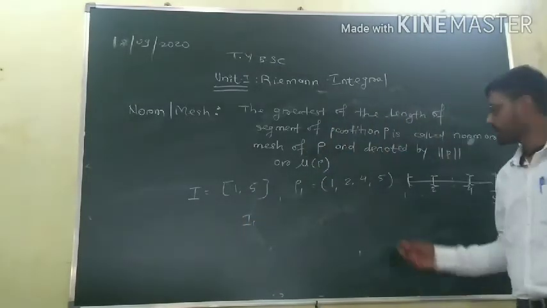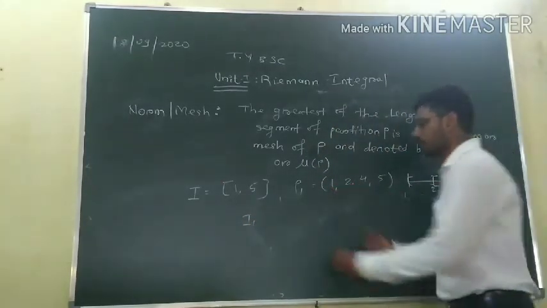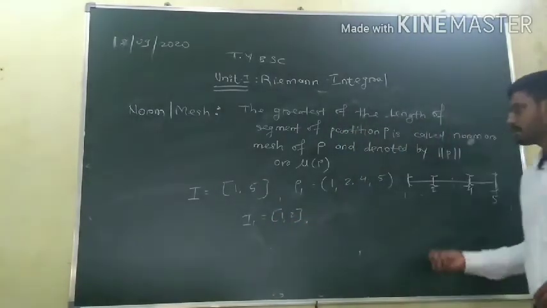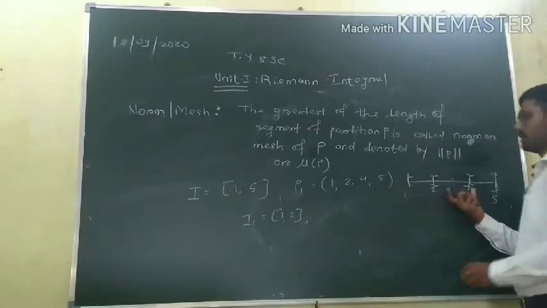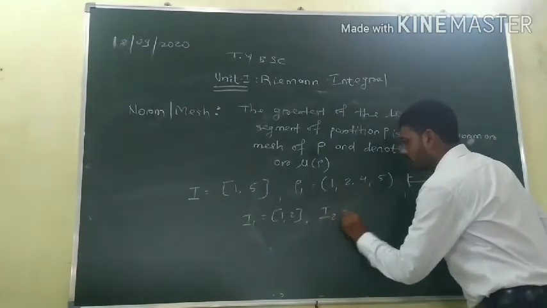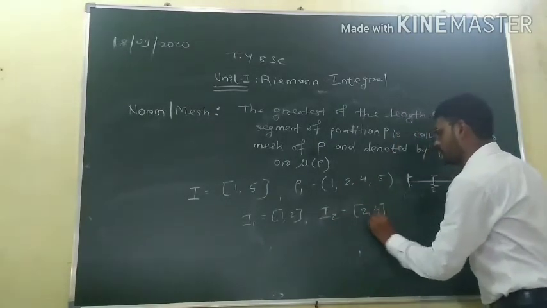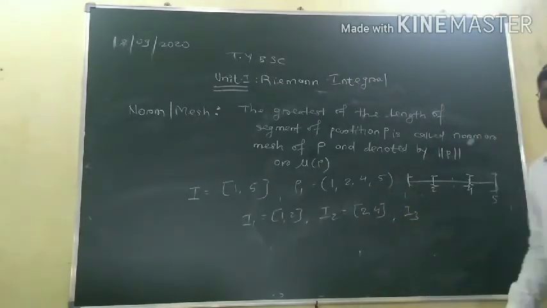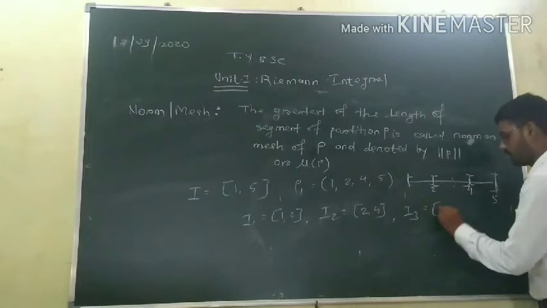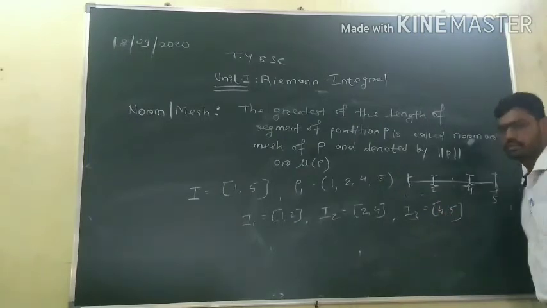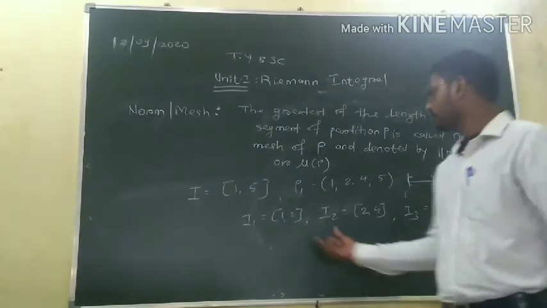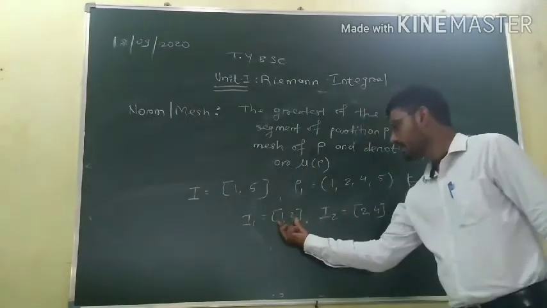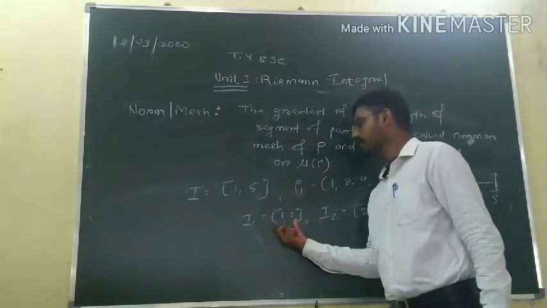The first subinterval is I1 equal to [1, 2]. The second subinterval is I2 equal to [2, 4]. And the last segment I3 is [4, 5]. Now what is the length of each subinterval?